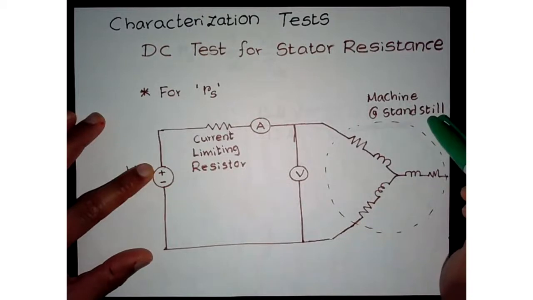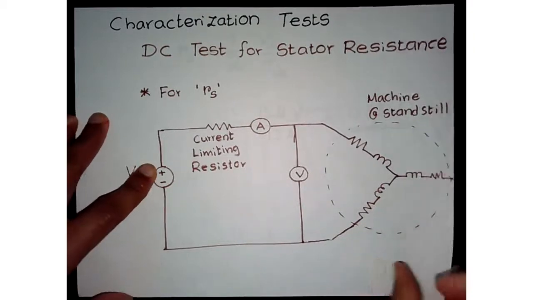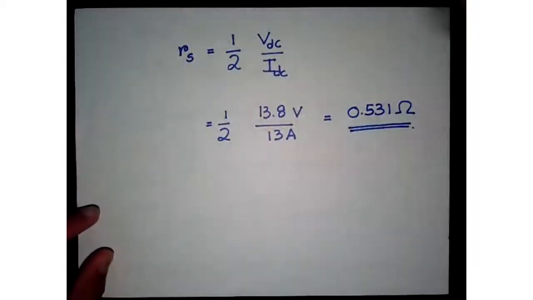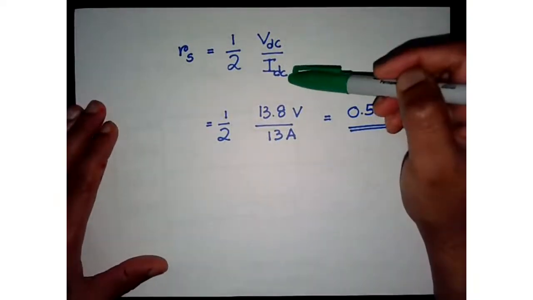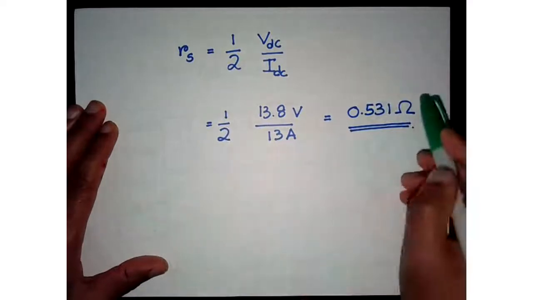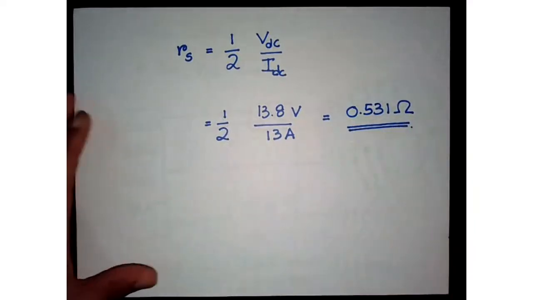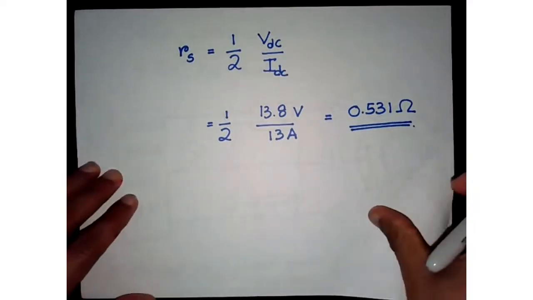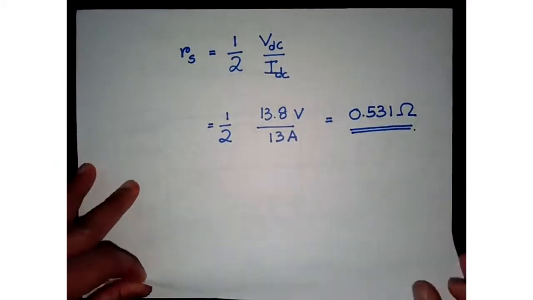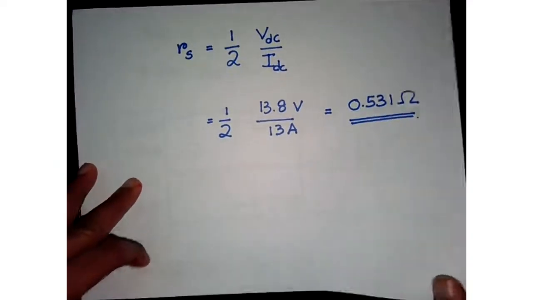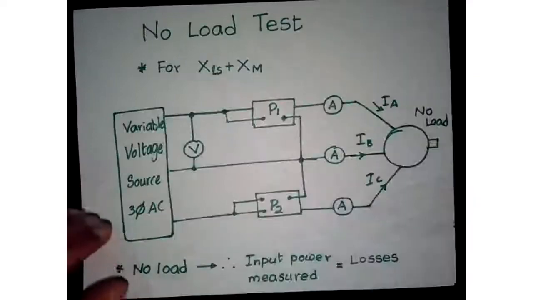The machine is at a standstill. When we have our measurements, we know VDC and IDC, and then we can find our stator resistance. It is a very easy, very simple test for resistance. And this is the phase resistance, not the line to line.